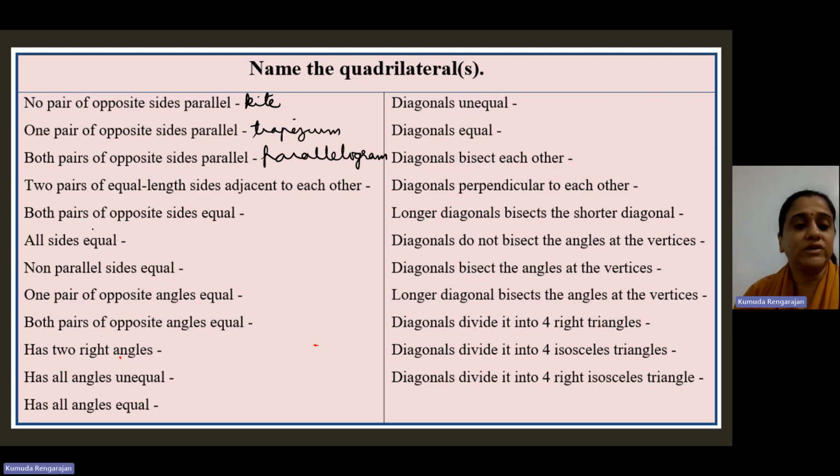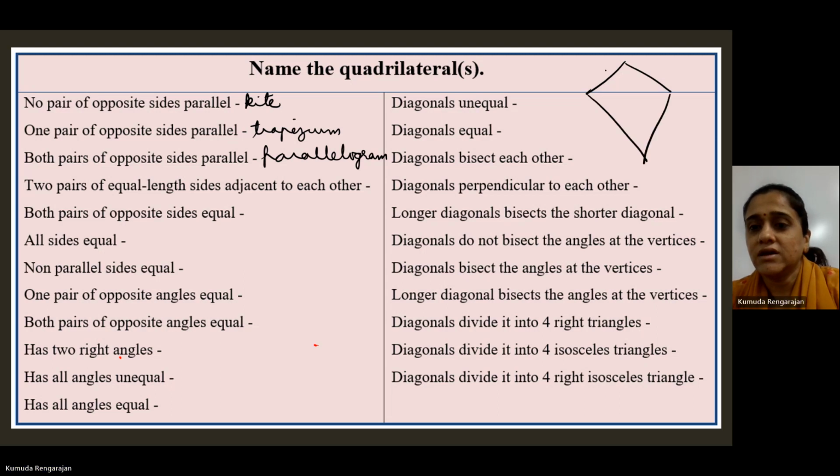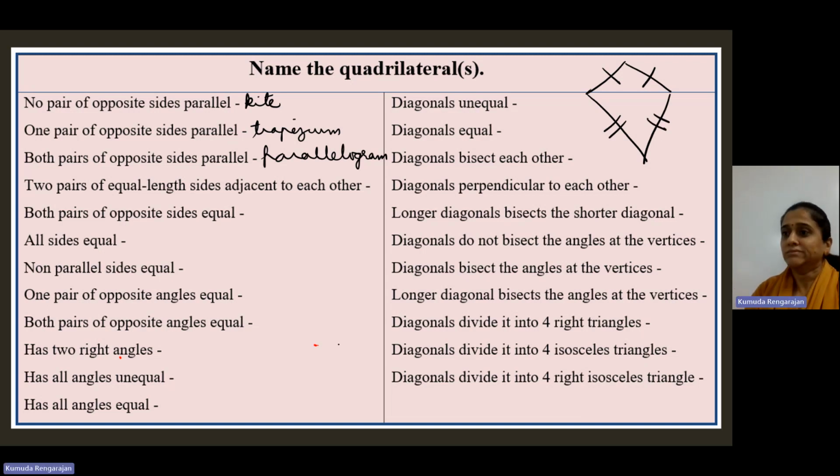Then two pairs of equal length sides adjacent to each other. It's a kite, because that's the definition of a kite. Two pairs of equal length sides adjacent to each other. I've given that, right?